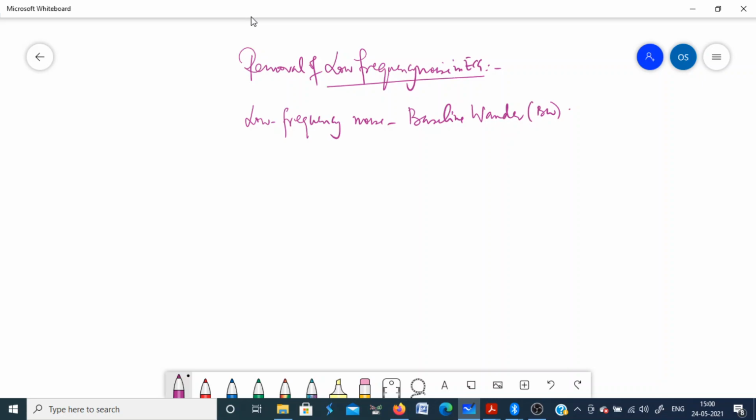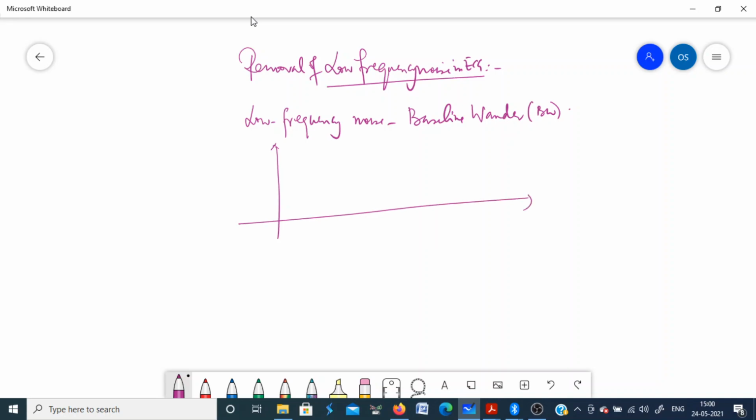And such type of noise occurs due to poor contact of the electrodes with the body surface, or due to the movement of limbs, or due to respiration. Okay, so it changes the baseline of the signal.